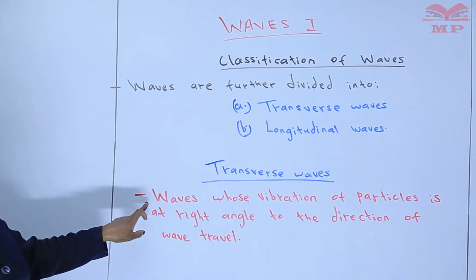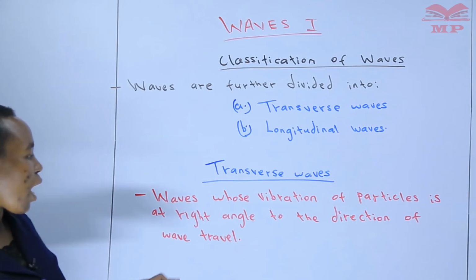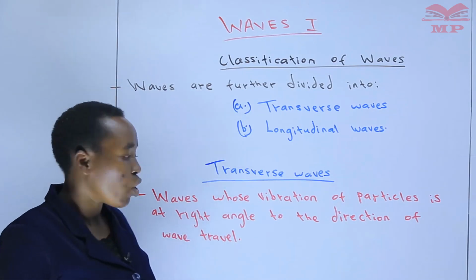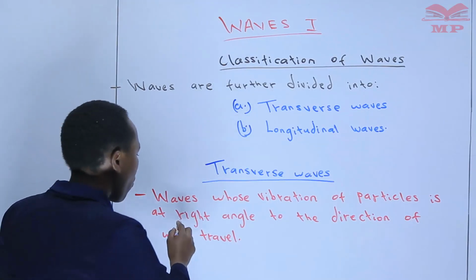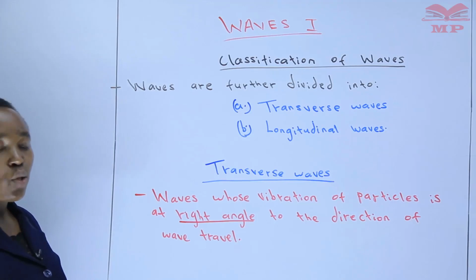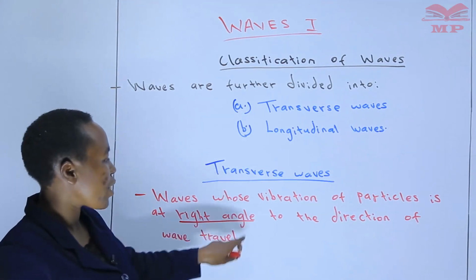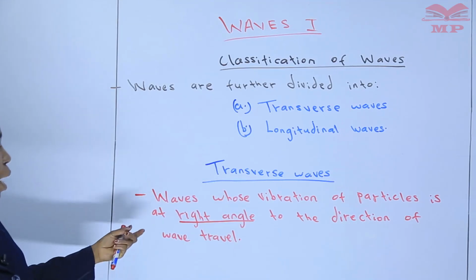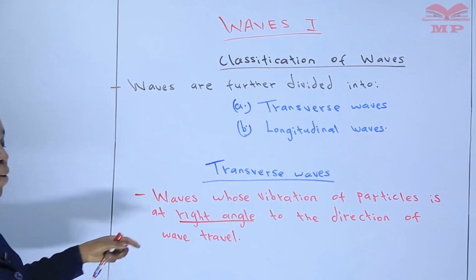So here we are talking of an angle of 90 degrees. We can start first by giving examples, then we'll explain more what we are talking about when we say that the vibration of particles is at right angle to the direction of wave travel.